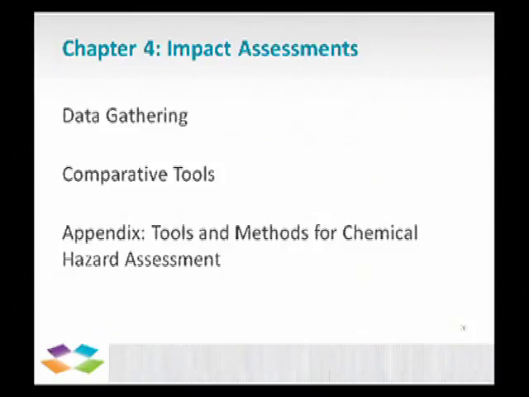So when using a hazard assessment tool, responsible entities need to determine which relevant factors, as listed in our regulations, are being addressed by these comparative tools, and if there are some relevant factors not being addressed, they have to supplement their analysis with other methods. This chapter also provides a list of tools and methods, with descriptions of these tools and methods that can be used for impact assessment or chemical hazard assessment.